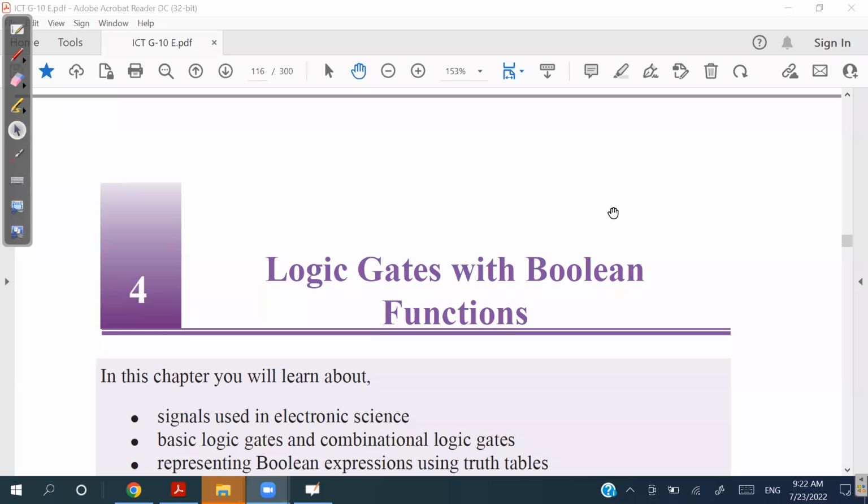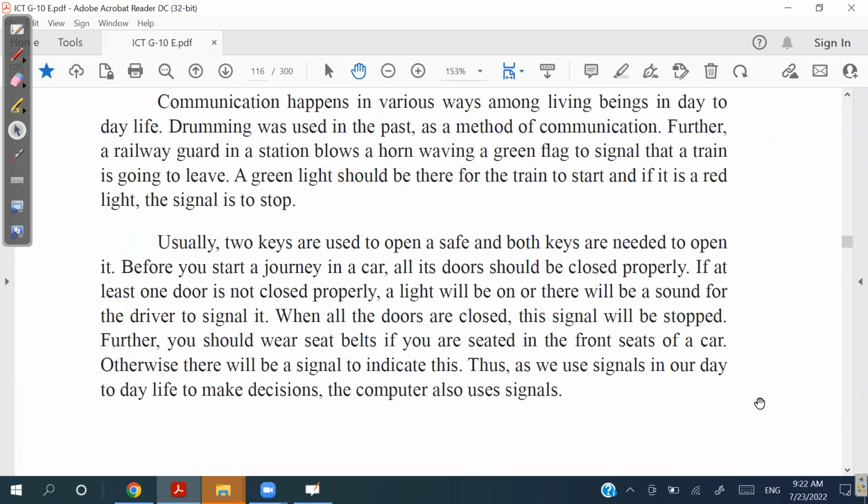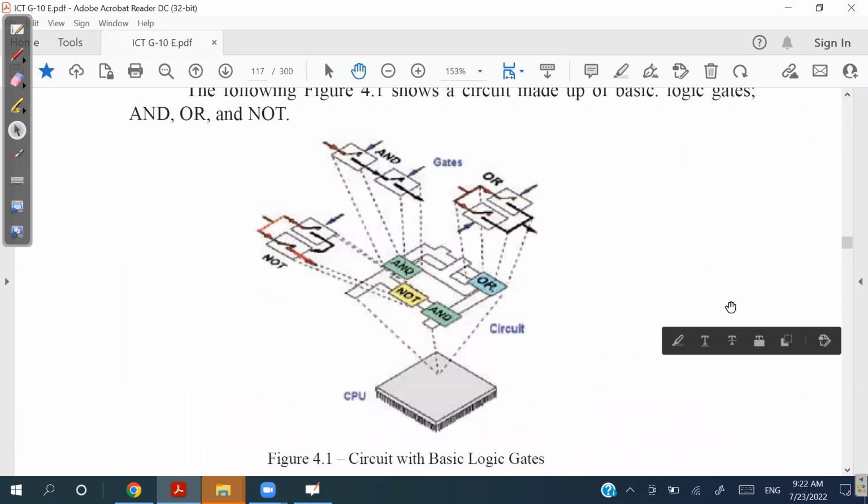Specifically, they are going to talk about the central processing unit and other ICs that you are going to see on a motherboard. Here they have given a very nice picture to have an abstract idea about why we are learning the gates.